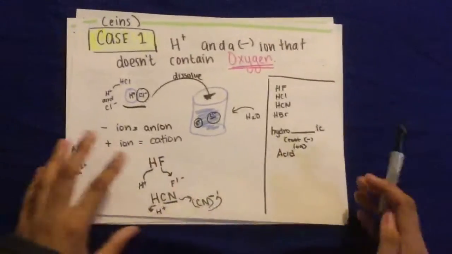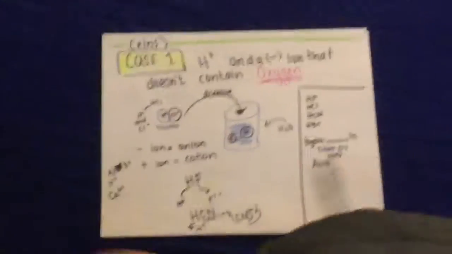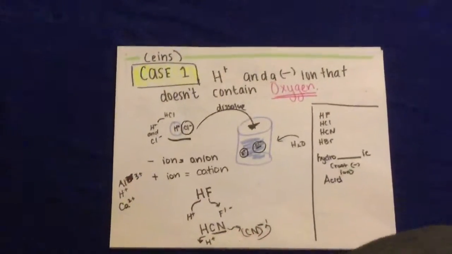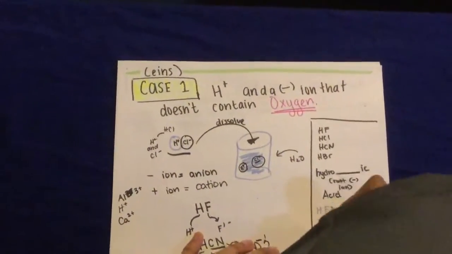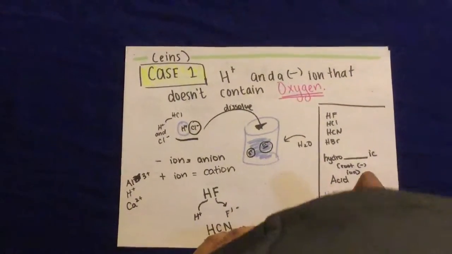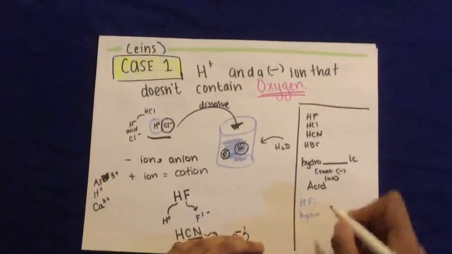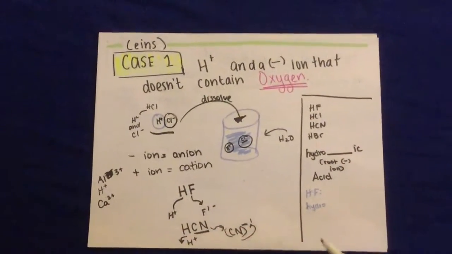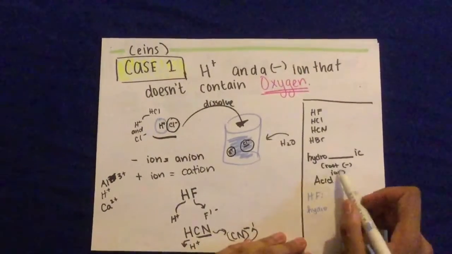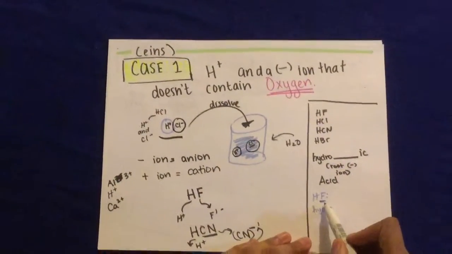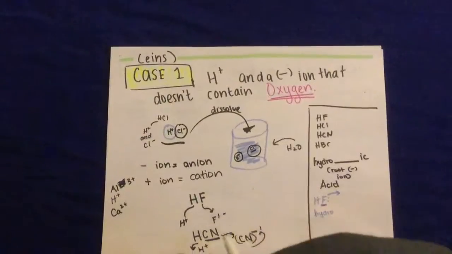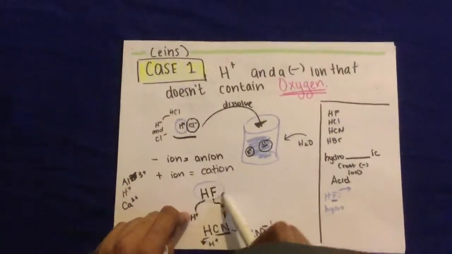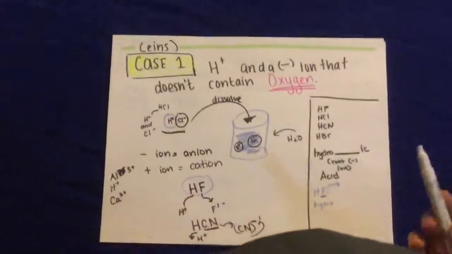Now, I know this might sound a little complicated, but I'm going to show you an example right now. I'm going to use this different color. For example, let's do hydrofluoric acid. We have to write the hydro in first because this acid does not contain oxygen. The rule is that we write hydro first. Then we have to write the root of the negative ion, which in this case, the fluorine in this acid is a fluoride ion, so it's negative.